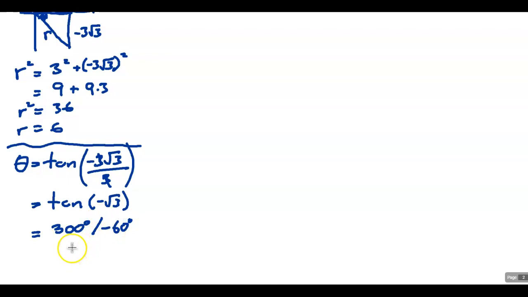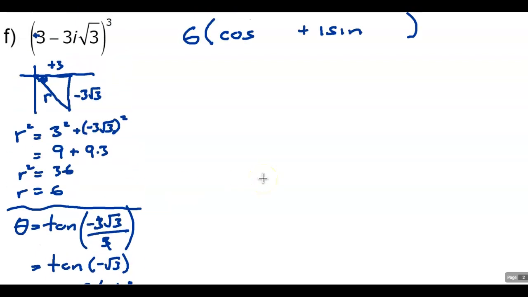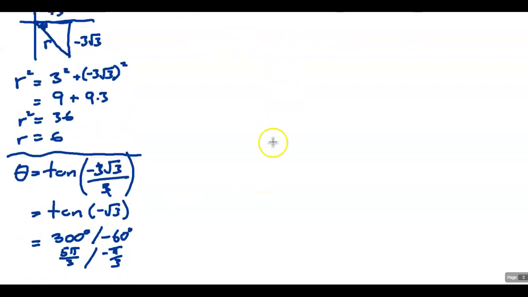Or if you prefer, you could use 5 pi over 3. That works. Or negative pi over 3. So technically, any of these 4, positive or negative, degrees or radians, are acceptable. Okay, so now we just have to choose one.